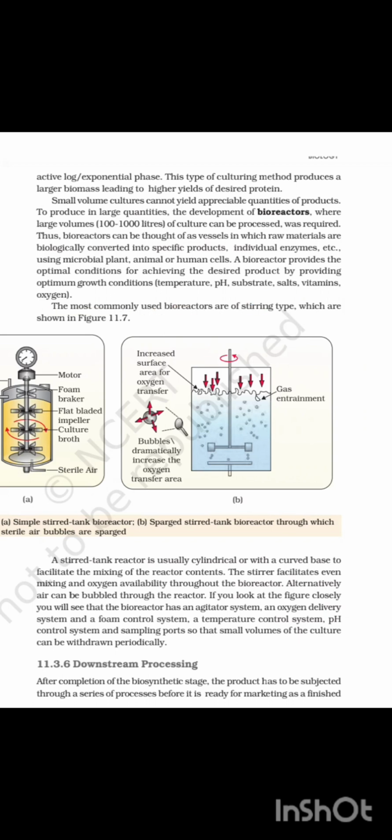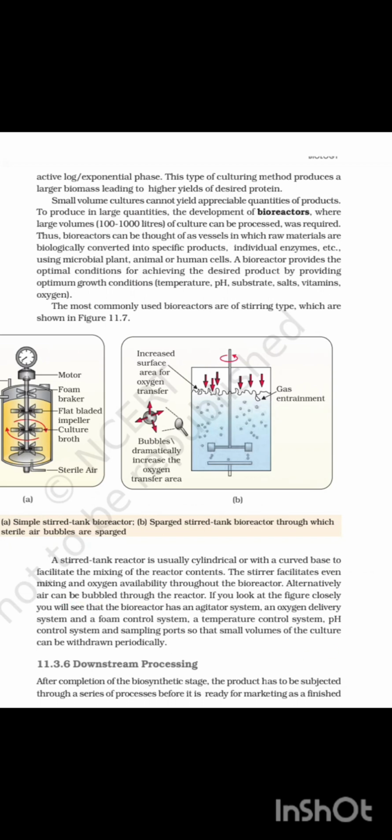The most commonly used bioreactors are of the stirring type, which are shown in figure 11.7. A stirred tank reactor is usually cylindrical or with a curved base to facilitate the mixing of the reactor contents. The stirrer facilitates even mixing and oxygen availability throughout the bioreactor. Alternatively, air can be bubbled through the reactor.